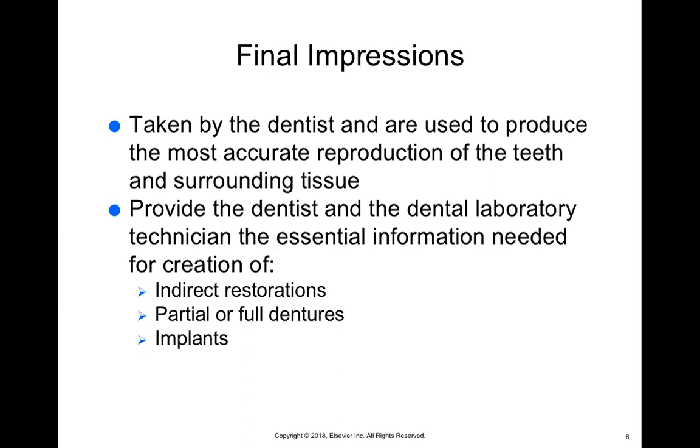We can use final impressions to create partial or full dentures. And then also we can use those final impressions for implants. Because they are more accurate, because you can see more structures of the patient's tooth with the final impression, that's why we can use them for some of these different indirect restorations that are more permanent.